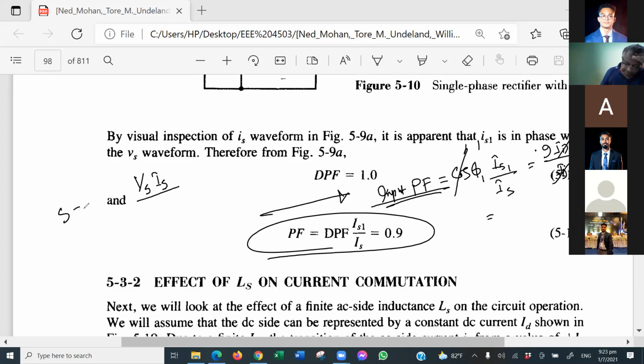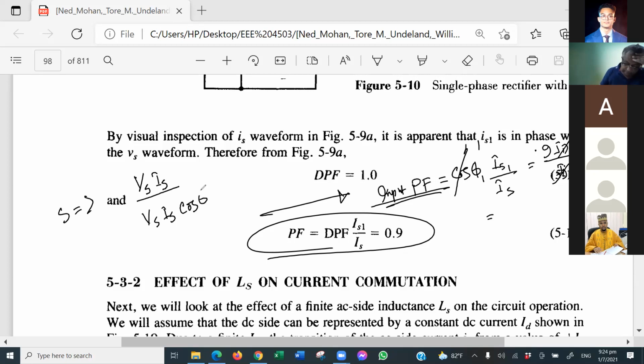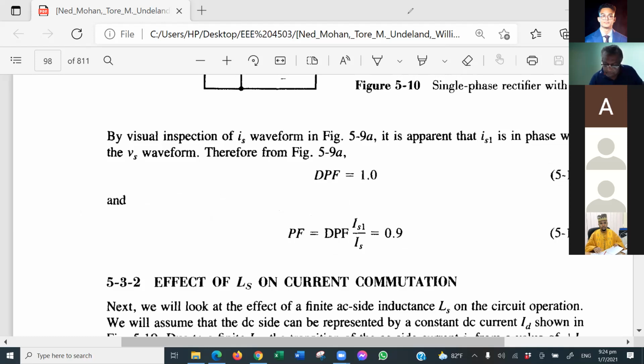Yes, sir. So they call it VS, IS, then the power factor cosine of phi 1. That must be equal to, let me check this one. Just hold on.